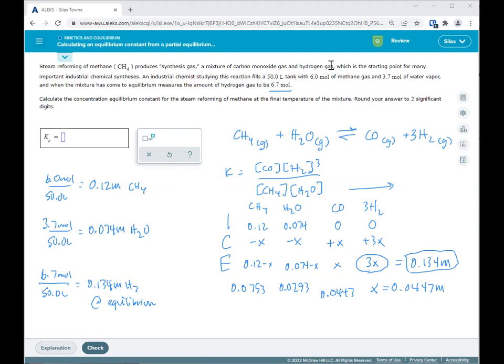So I'm going to plug all those in. Getting crowded here. So we've got 0.0447, 0.134 cubed, 0.0753, 0.0293.